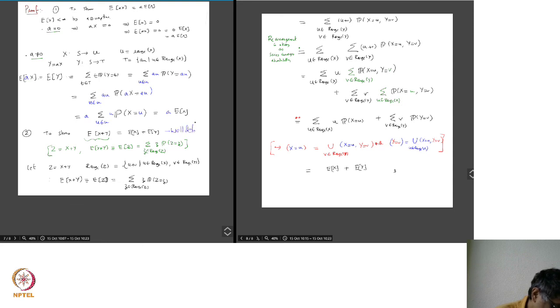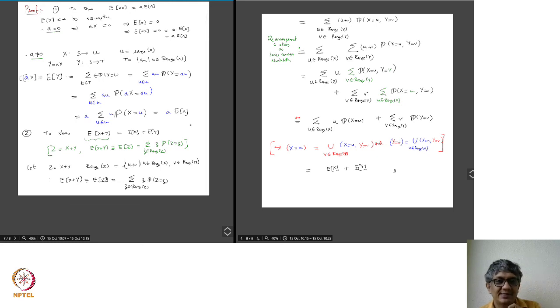So let me erase that. I'll come back to this. I'll write this a little later. So in this step, you assume E of x plus y is finite, E of x is finite, and E of y is finite. So then you do this calculation. There's a small chance, which I have not shown here, that if E of x is finite and E of y is finite, it could be that E of x plus y is not finite.